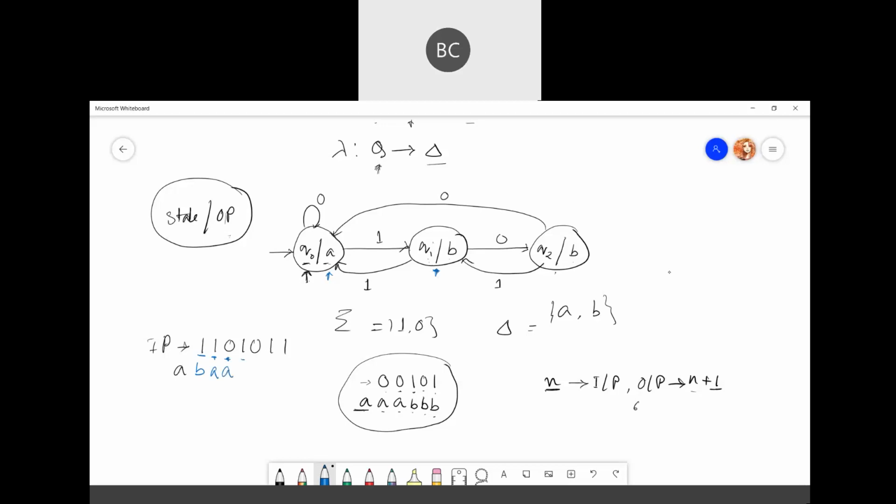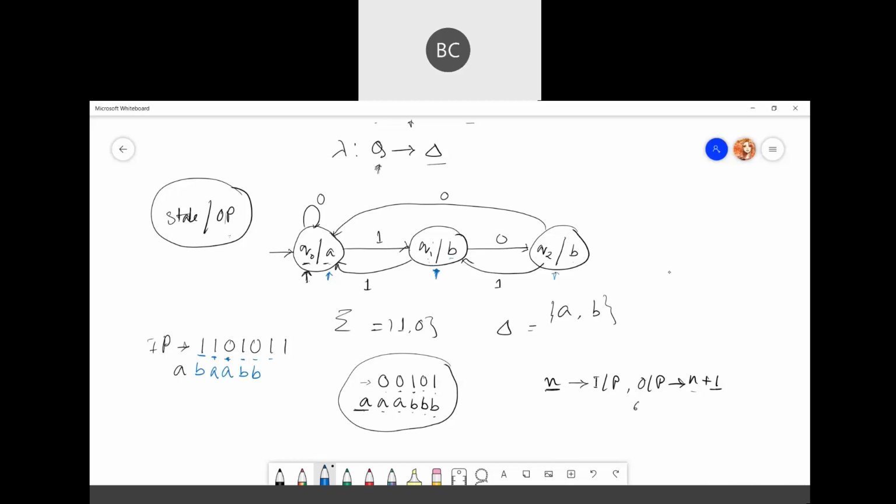Next input symbol is 1. So from Q naught, after taking input symbol 1, it is going to Q1. For Q1, output is B. Next is 0. So from Q1, if you take 0, it is going to Q2. For Q2, output is B. Next is 1.